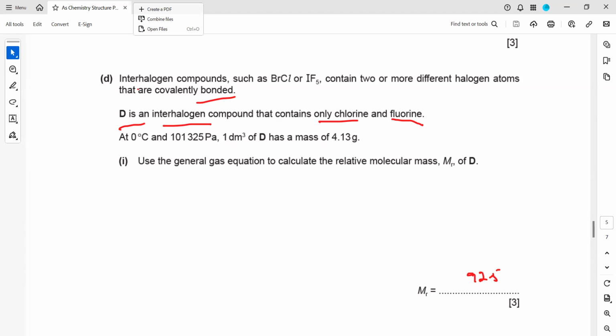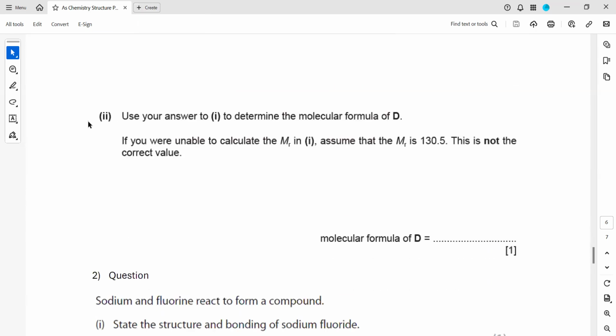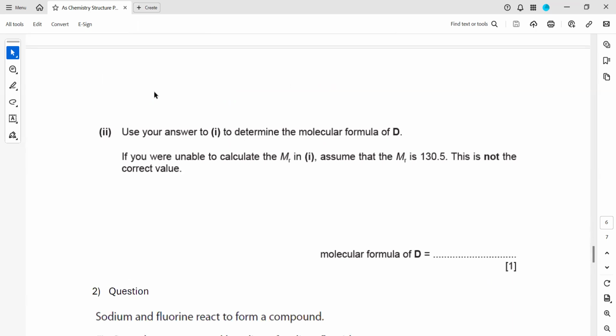Now, as I mentioned, D is an interhalogen compound, meaning only halogens are present in this compound, such as bromine, chlorine, IF5. We need the molar mass 92.5. So how can we have 92.5?